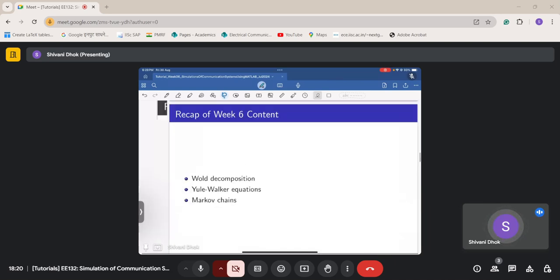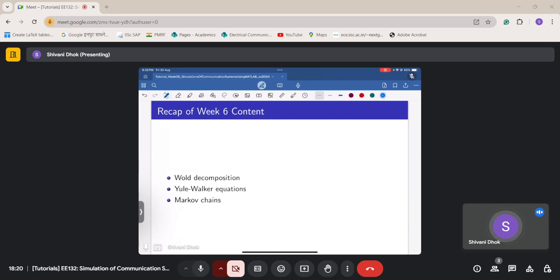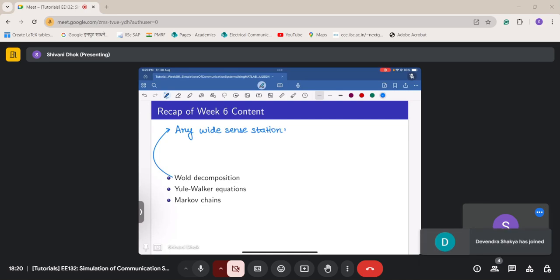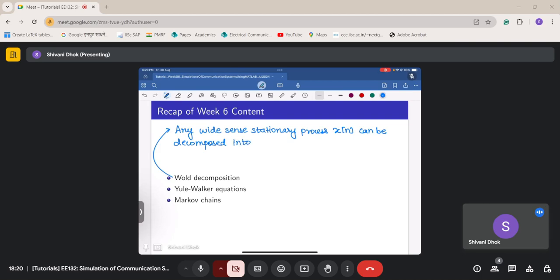Okay, after that we looked at what is known as Wold decomposition. This Wold decomposition says that any wide sense stationary process, let's say xn, can be decomposed into two independent processes.